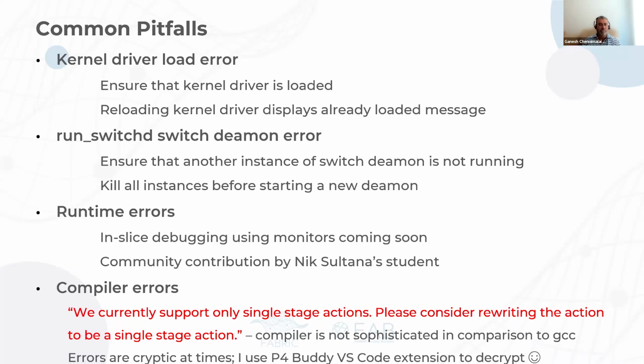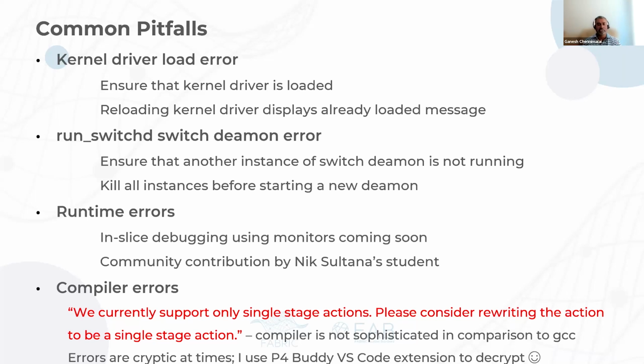So there are a couple of runtime errors that we can easily see, and for some of them, say the packet is not getting forwarded properly, or not getting manipulated properly. I'm trying to do some processing, but it's not happening. So there is an in-slice debugging that is coming soon.